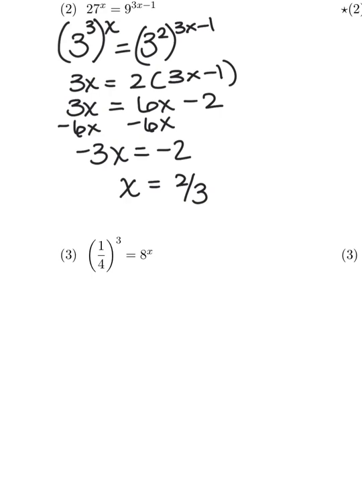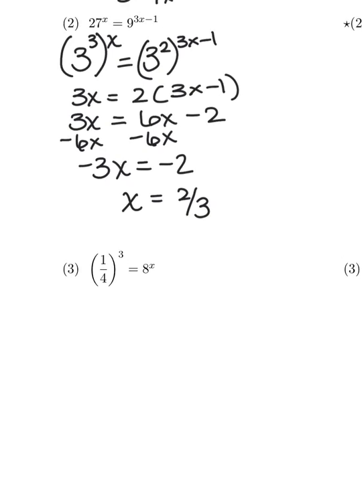So the number 4, the number 8, again, we can change those so that they have the same base, and that would be a base of 2. So the 8 could be a 2 to the third, and then the x. Now we need the 4 to flip. 2 squared is 4, but I need it to flip over.